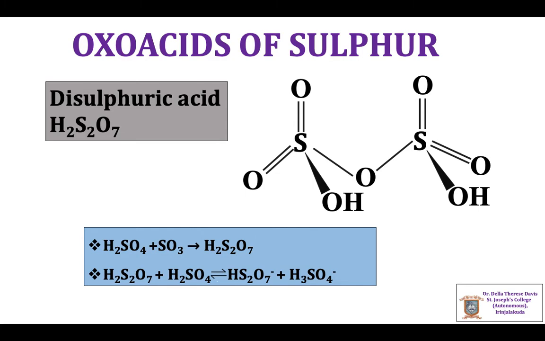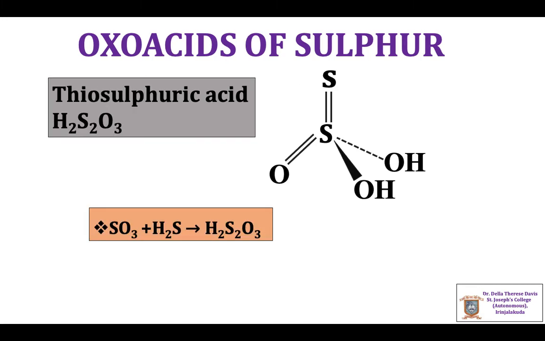H2SO4 plus SO3 gives H2S2O7. In pyrosulfuric acid, there is a sulfur-oxygen-sulfur linkage, that is a bridging oxygen atom, and each sulfur atom is bonded to two oxygen atoms by double bonds and one OH group by single bond.